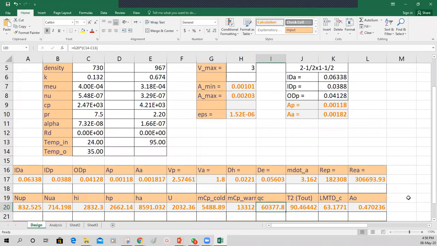Do you use Celsius or Kelvin? It will not make any difference.